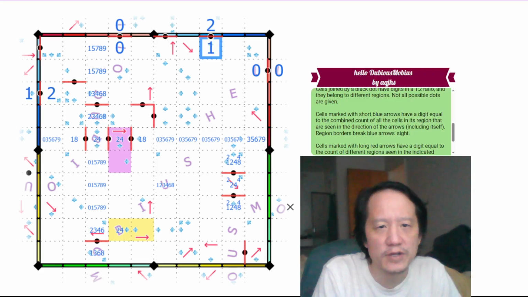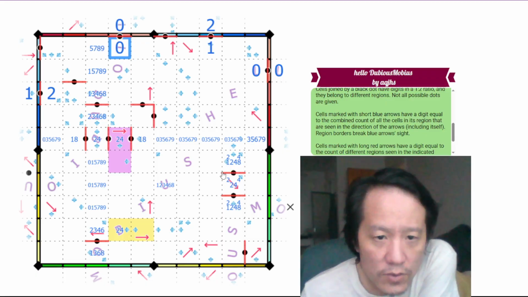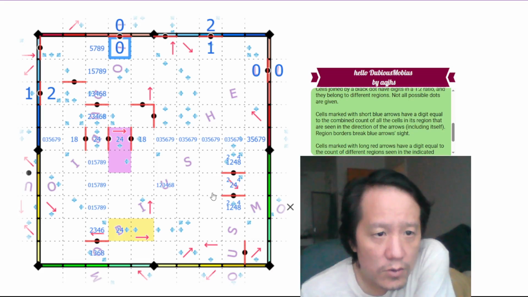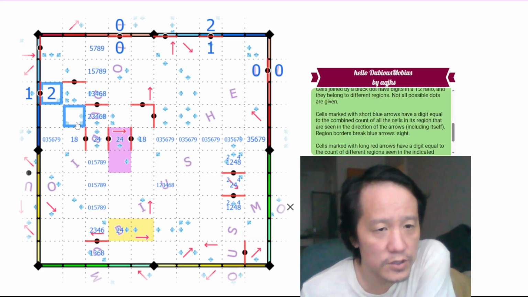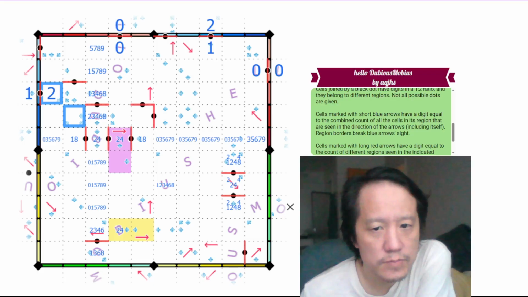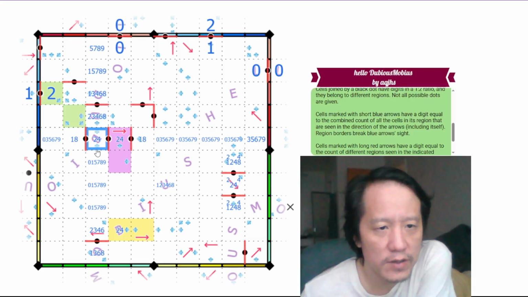This 1 eliminates 1 here. So this is 2 here, and then this is a different region. This is 0 going that way.